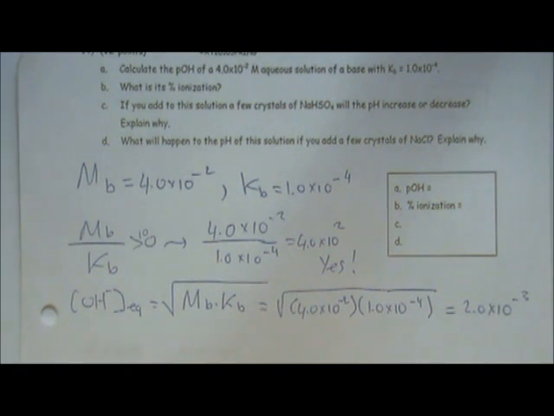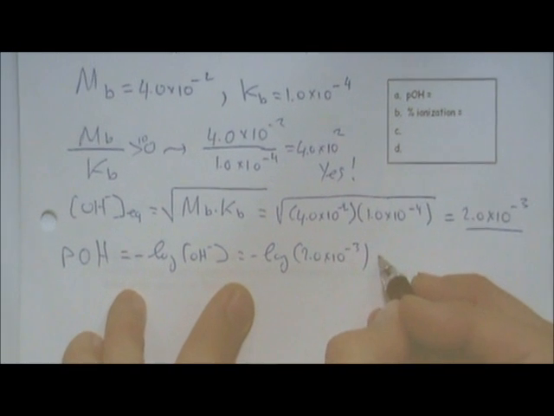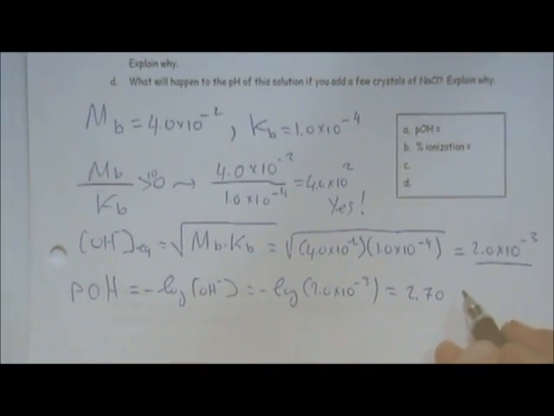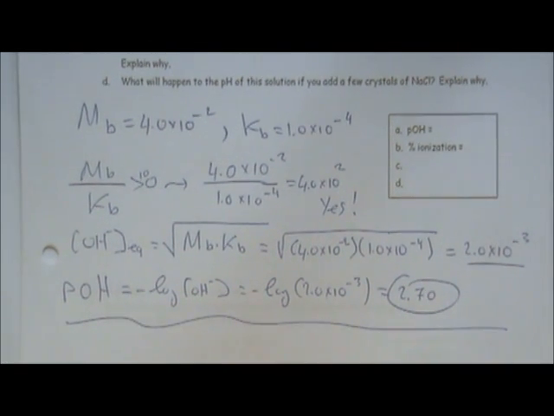Okay, so we found the hydroxide concentration at equilibrium total, right? And that's going to give us the pOH. pOH is going to be equal to minus log of the concentration of OH minus. So it's going to be minus log of 2.0 times 10 to minus 3, that's it, and that will give you 2.7. Okay, we found the pOH. That's the first question of the problem.